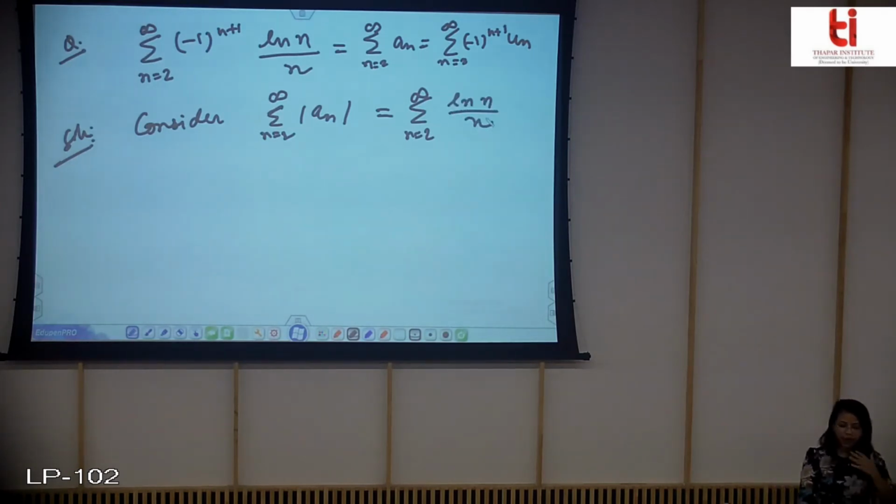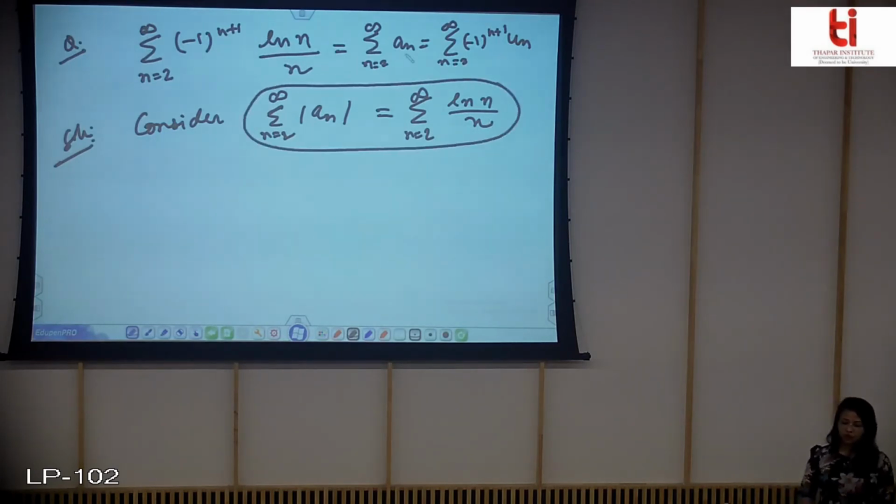So now we have to look for the nature of this series. Now you know how to look for the nature of a series with all terms positive. You can apply limit comparison test, you can apply direct comparison test, ratio test, and so on. So I'll apply this limit comparison test to check the convergence or divergence of this.